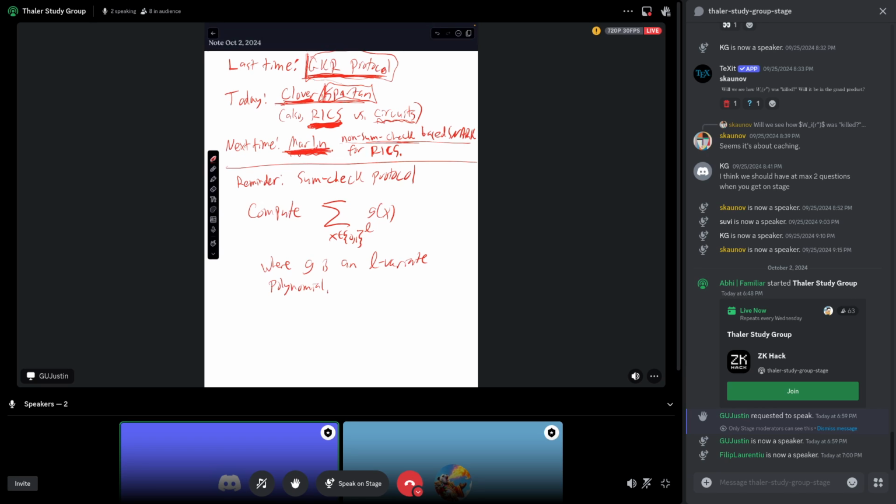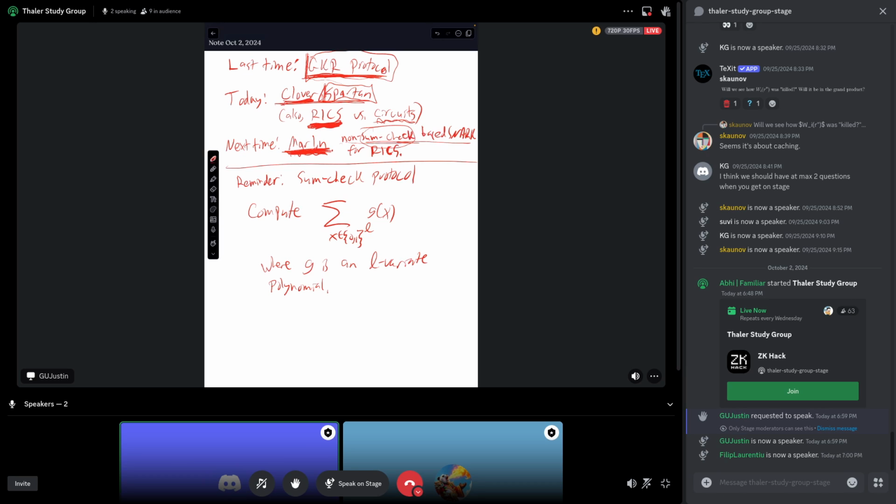So something like Marlin has very, very good verifier costs, but significantly higher prover costs. And that latter statement, that if you don't use the sum check protocol, you wind up with a slower prover, is evidently still controversial.